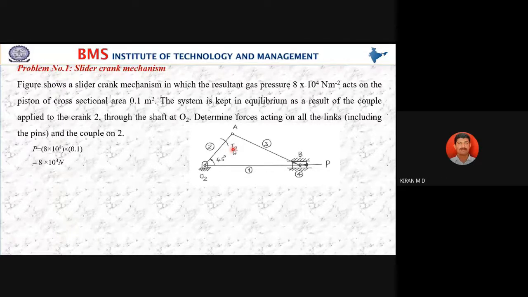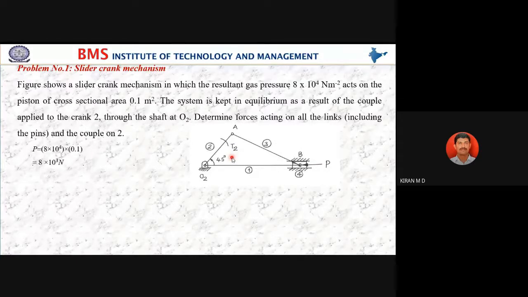Yes. Whatever force is applied on the piston, there is a transferring of force to the crankshaft also. You see here, link 1 is the fixed link, at O2 and here. This link 1 should possess the opposite force to whatever force is acting.